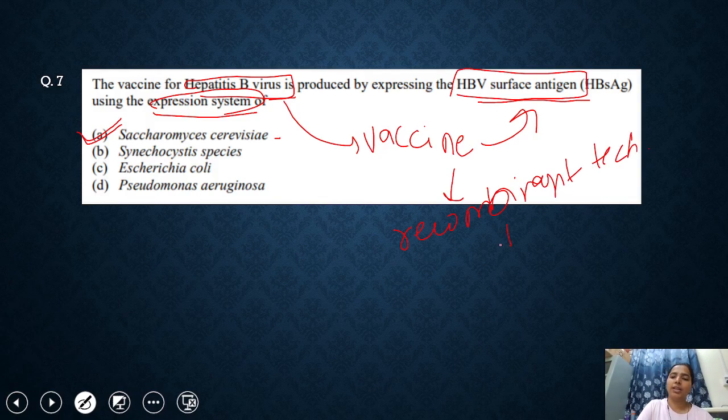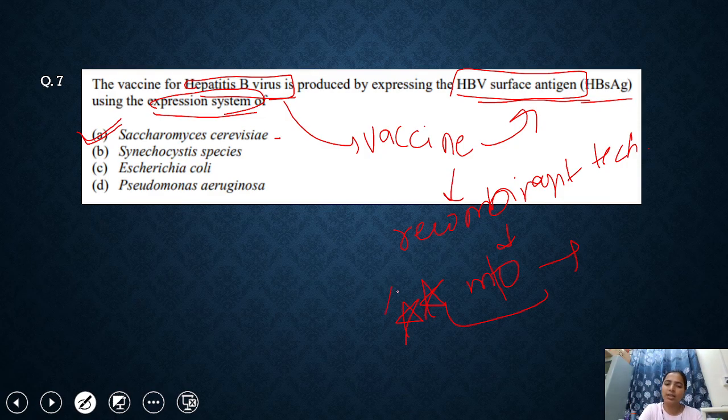They require a system, or you can say a microorganism, to produce that protein. So we require a specific microorganism, and it is really important to choose a particular microorganism for the production of any protein or any particular antigen.